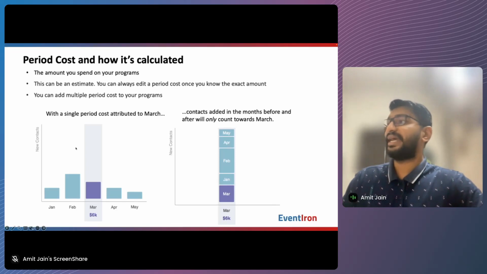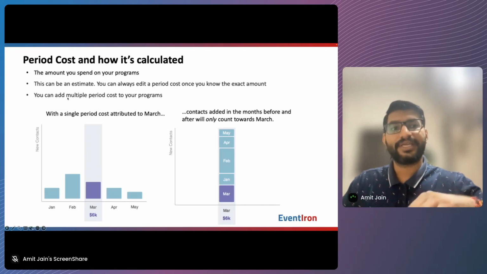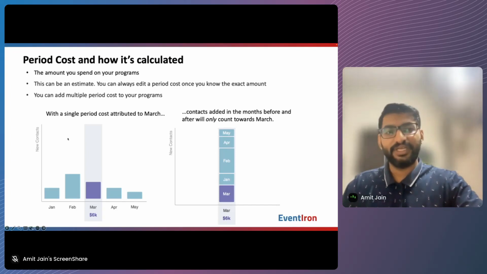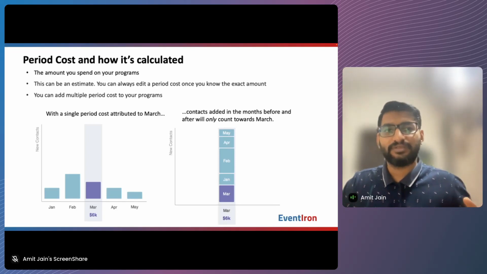Another thing is you can add multiple period costs to your program. So maybe you are running an ad, let's say in January, and you spend $10,000 there. Then you didn't add anything else in Feb or March, but in April you added $5,000 more to that particular campaign, right?